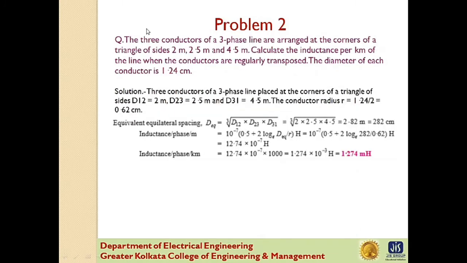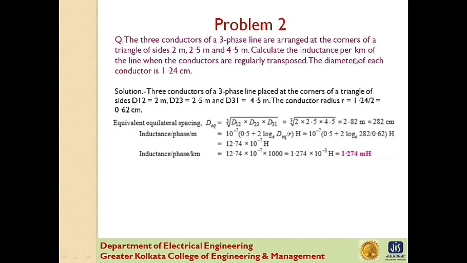Next problem: the 3 conductors of a 3-phase line are arranged at the corners of a triangle with sides 2 meter, 2.5 meter and 4.5 meter. Suppose D12 is 2 meter, D23 is 2.5 meter and D31 is 4.5 meter.